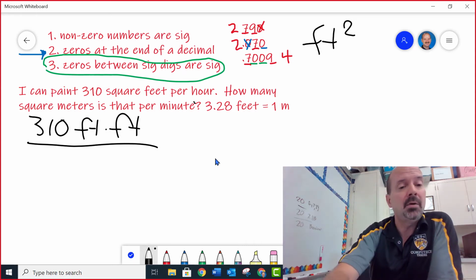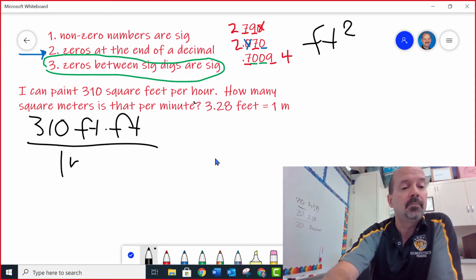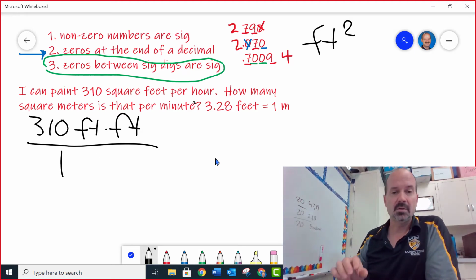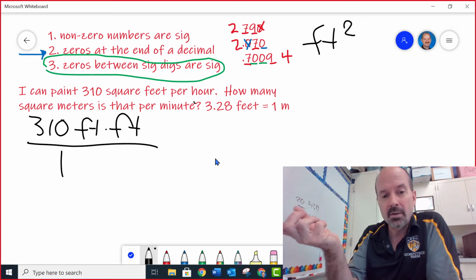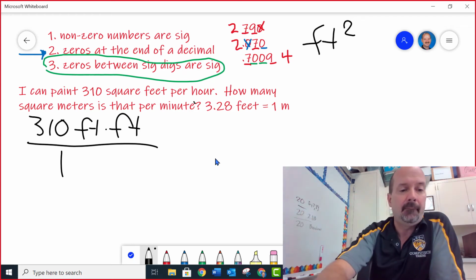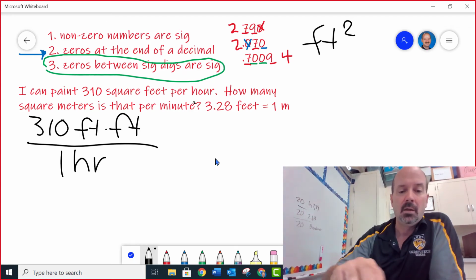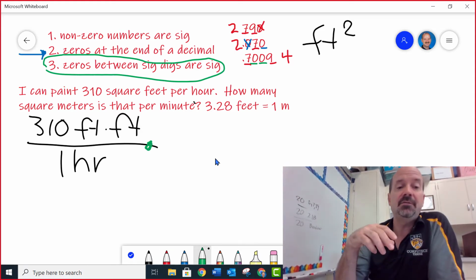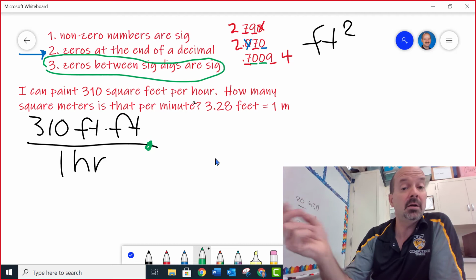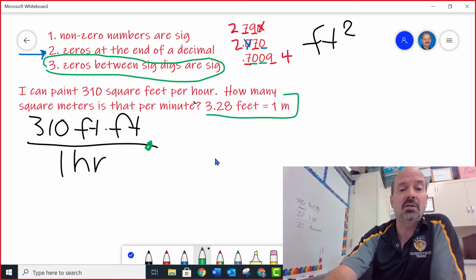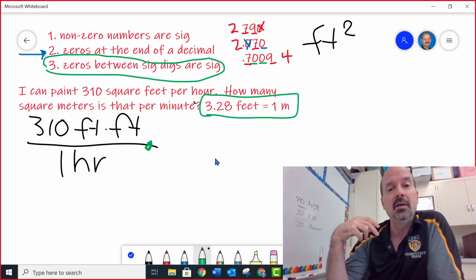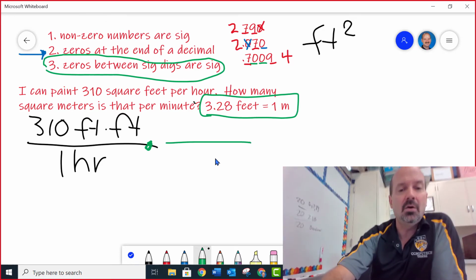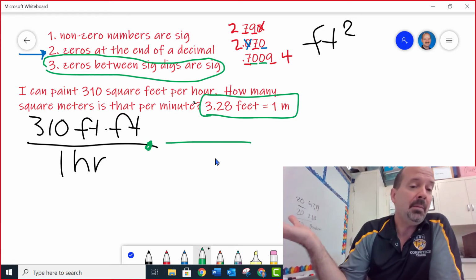And on the bottom, I'm going to put 1 meter, okay? Whoops, sorry. I think I messed up. It's supposed to be per hour, so it should be over 1 hour. There we go. Now, first conversion factor, I'm going to try to square away the fact that it says feet. I'm going to try and change the feet into meters. So I'm going to use this little ratio over here, 3.28 feet equals 1 meter. And how do I do that? Well, I need to know, does the 3.28 feet go on the top or on the bottom?